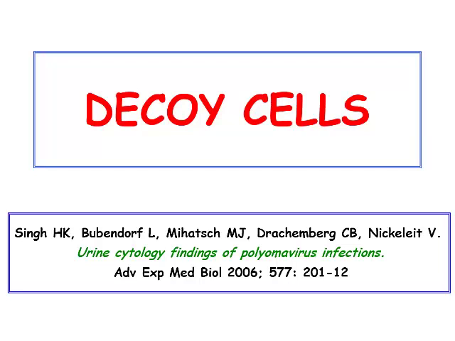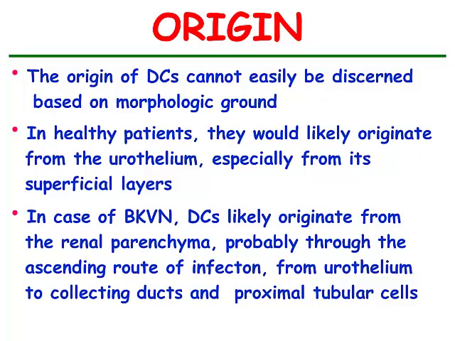So to describe in the best way what decoy cells are, I will use this paper, which has been written by the best experts in the field, which include Michael Miach, very important renal pathologist, his pupil Nuclei, and Drakenberg, who has been spending a number of years working on this subject.